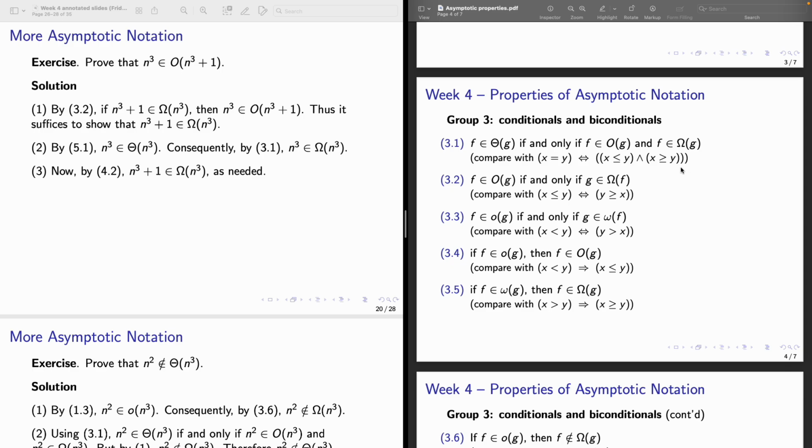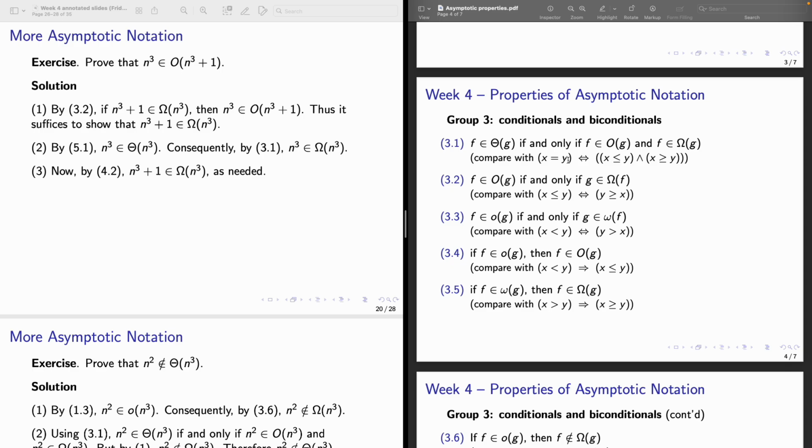The analog for numbers is that if you have both x less than or equal to y and x greater than or equal to y, the ranges of values that the numbers can take on smush together to make x equal to y.